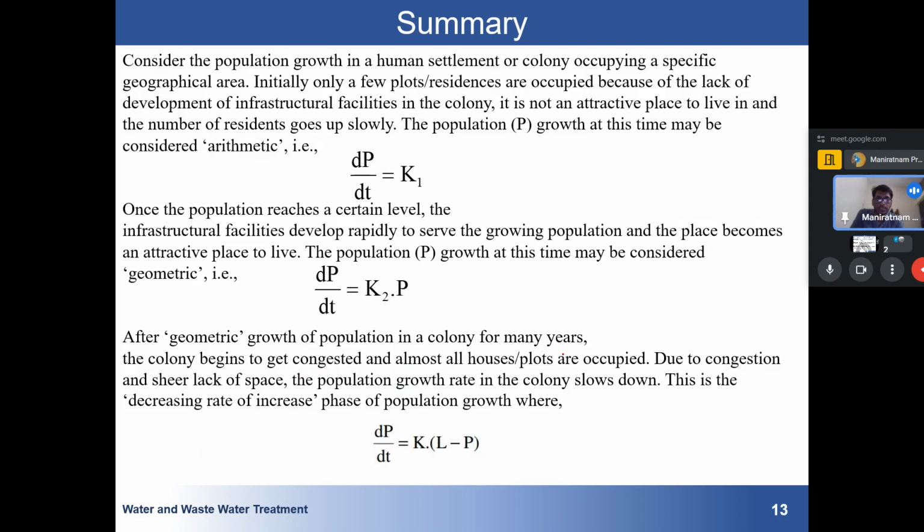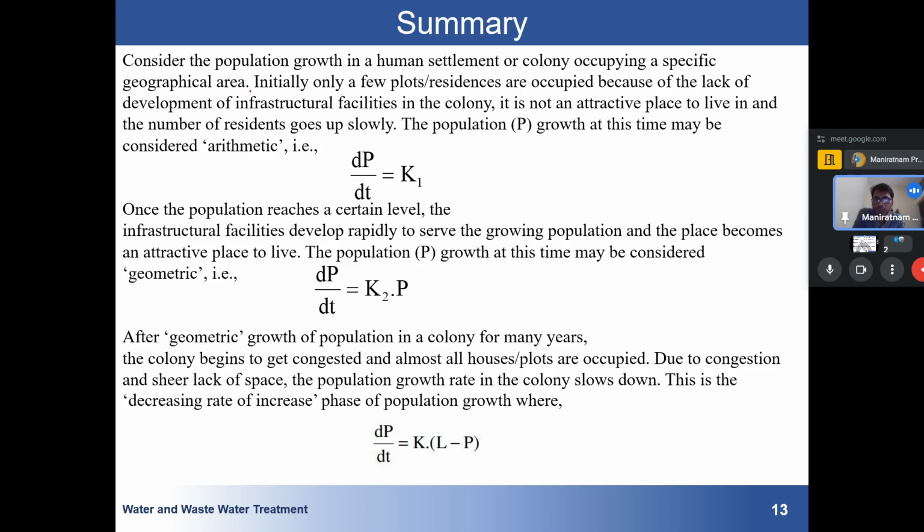I will be reading out some material which I have taken directly from the book, and it is the same thing which I have already discussed. Consider a population growth in a human settlement or colony occupying a specific geographical area.